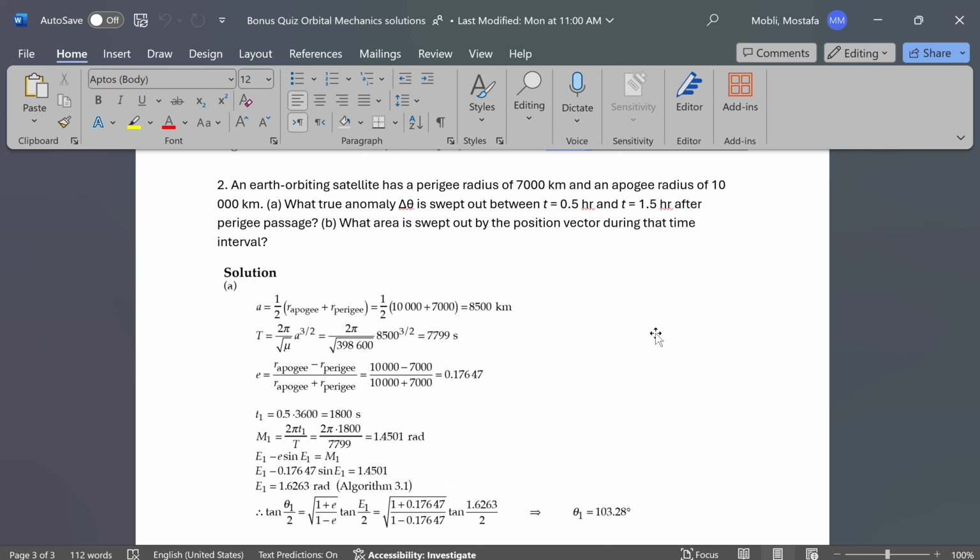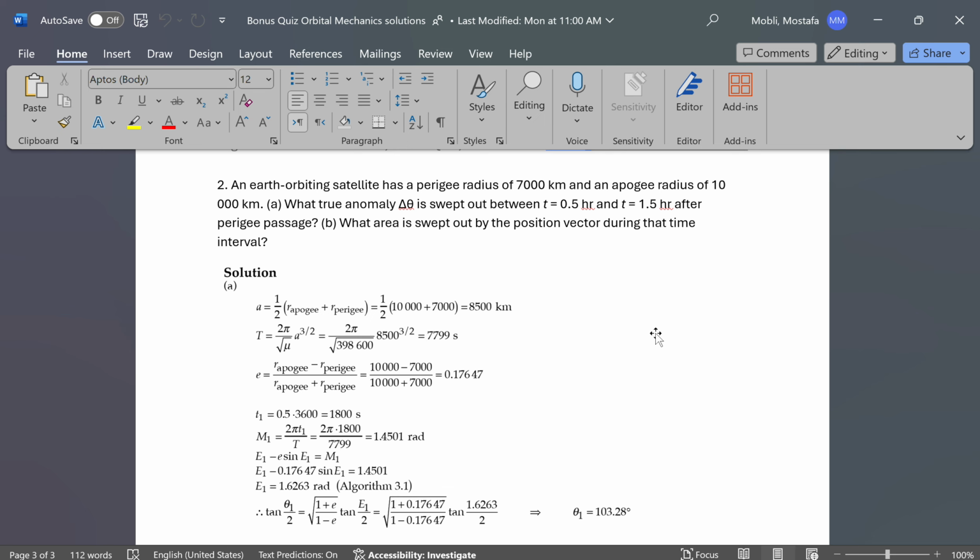So the beginning of time for us is when you pass the perigee. That is always the case. The same is true for the beginning of true anomaly. Okay. And then part B is asking us what's the area swept.